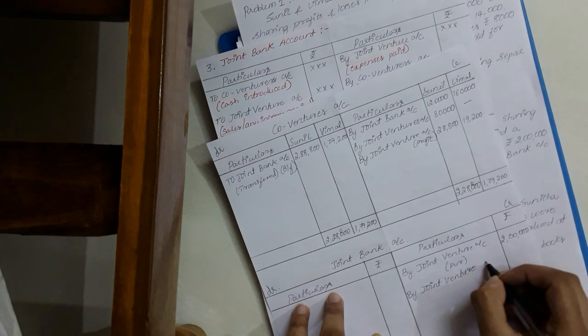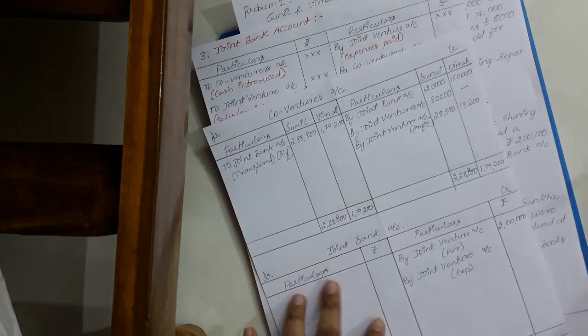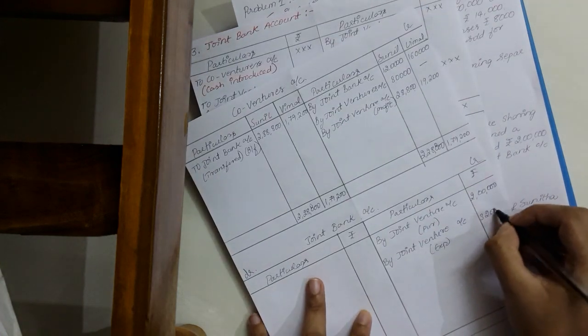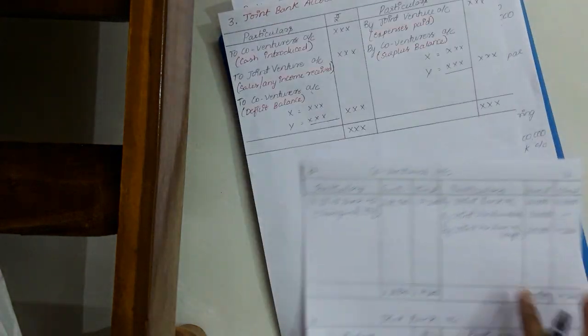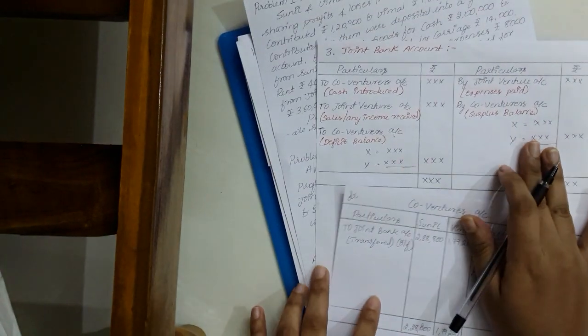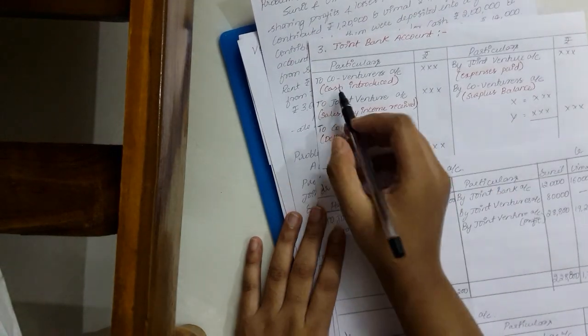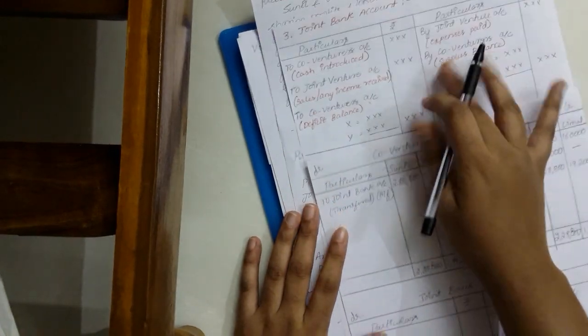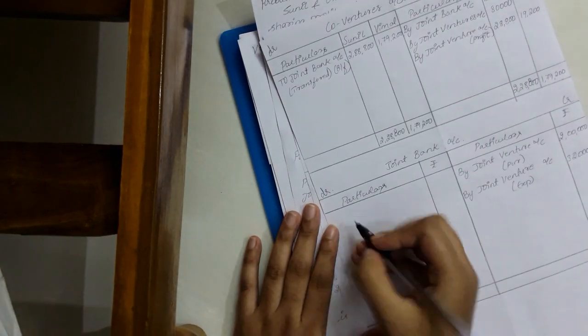So joint venture account, that is expenses, total of 32,000. All the expenses we wrote over here. Done. So this is surplus, this is the balancing figure. Before that, coming on to the debit side, to co-ventures account, that is cash introduced or cash contributed, yes, they have contributed.